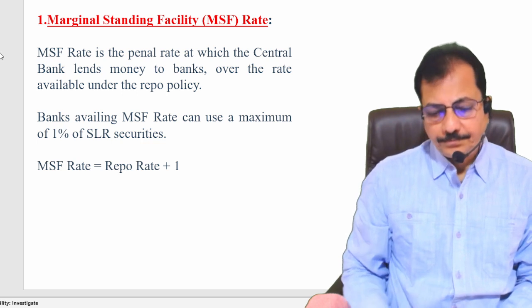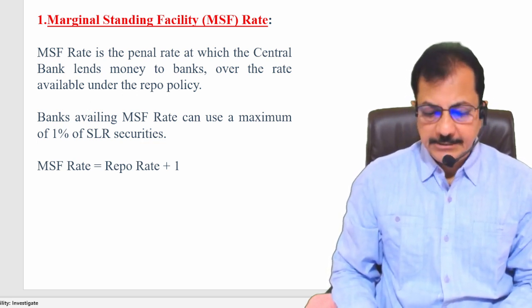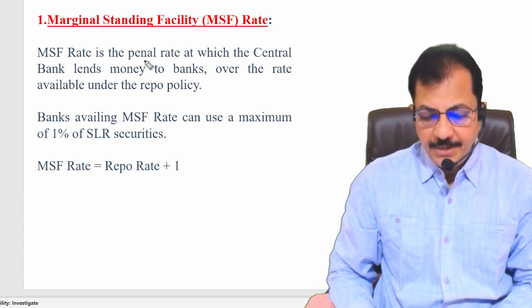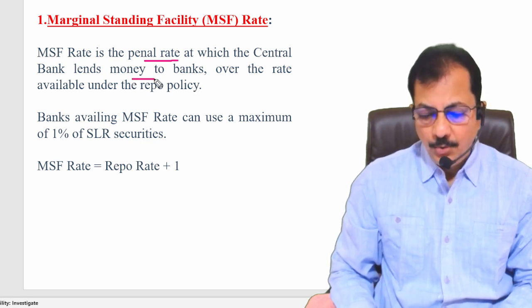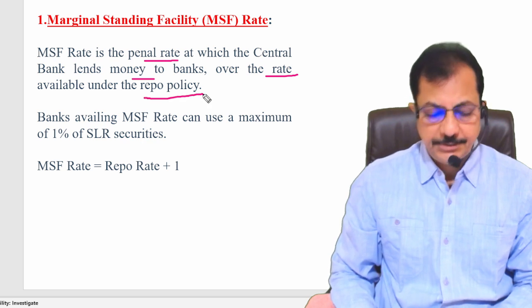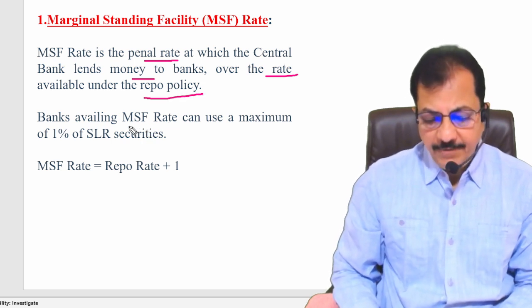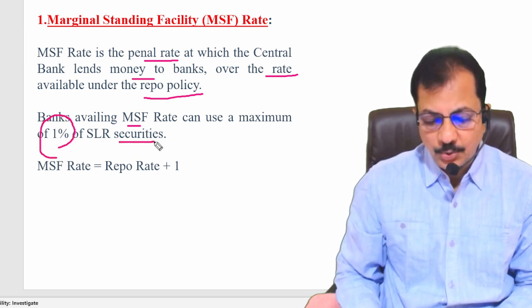Look at this. Next is the so-called marginal standing facility rate. This is a penal rate at which a central bank lends money to the banks over the rate available under the repo policy. Banks availing the MSF rate can use a maximum of 1% of the SLR securities.